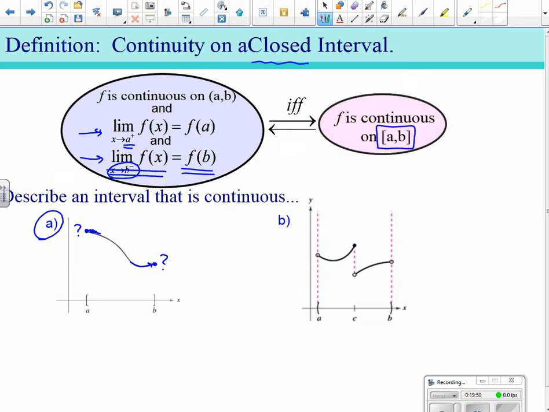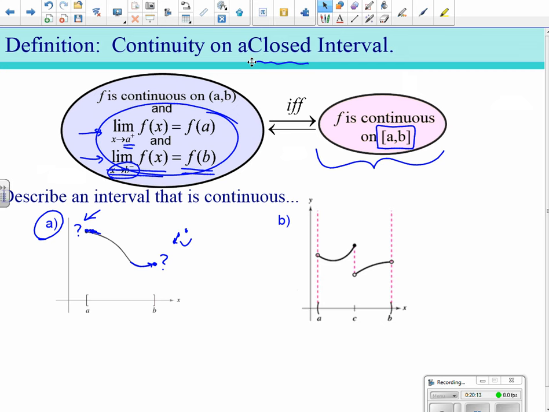Do they map out together? And in this case, they do. So we do say that this function is continuous on the closed interval, even though I really can't see what's going on to the left or right of the function. Just follow this one-sided limit idea and you'll be able to answer it.